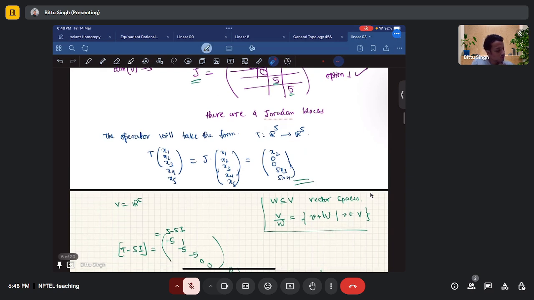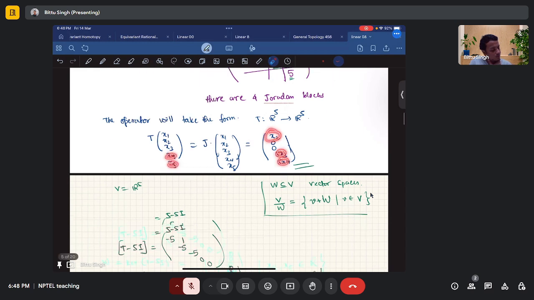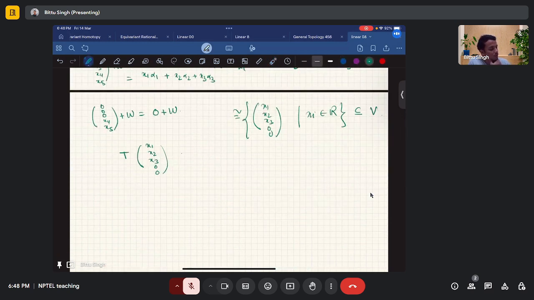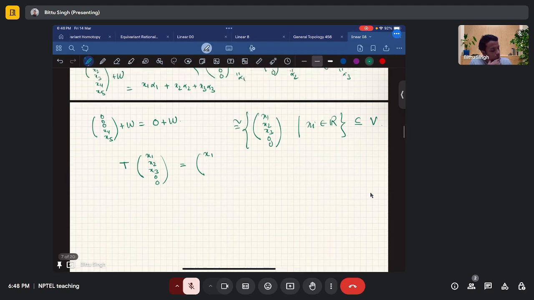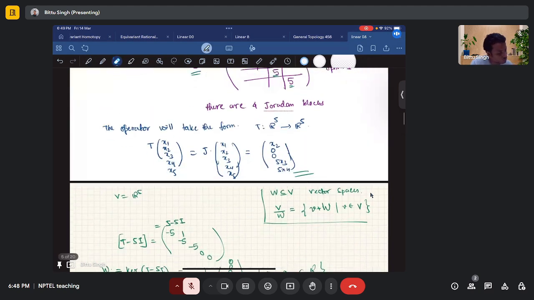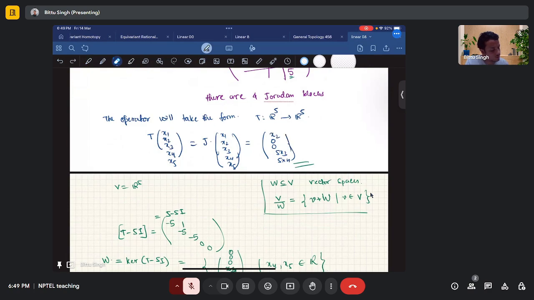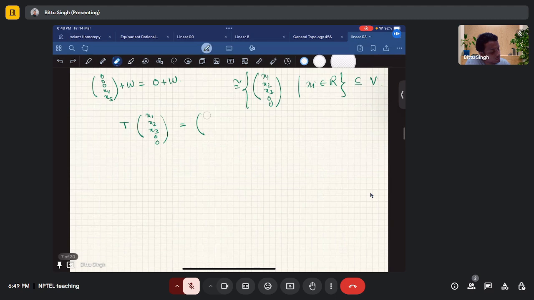Since we have taken x4, x5, those are actually 0, so there will be zeros and only x2 will survive. So it will take this form. Sorry, there is only a single x2, is it? Yes. So we may write it as (x2, 0, 0).